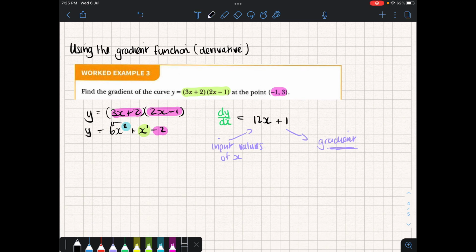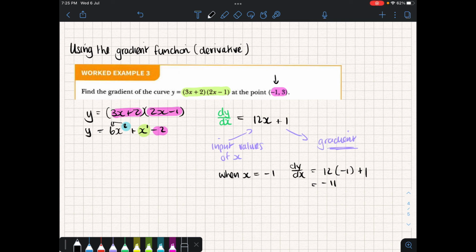So let's say, well, we wanted to know the gradient at minus 1. So when x is equal to minus 1, dy by dx is equal to 12 times minus 1 plus 1, which is equal to minus 12 plus 1, which is minus 11. So the gradient at minus 1 is minus 11.